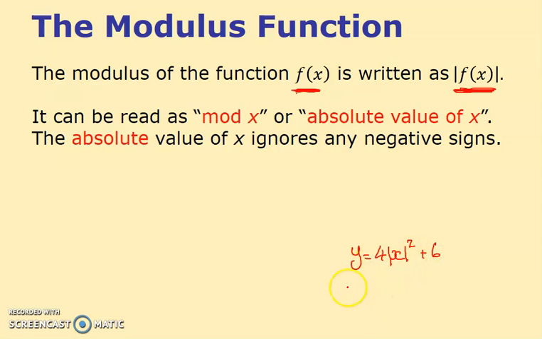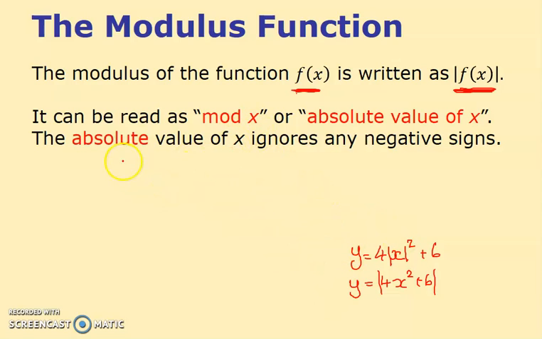That is an alternative. So what I'm initially doing is looking at an example where y equals 4x squared plus 6, and I find the modulus of it. So here I'm doing the modulus of all of it, whereas here I'm only looking at the modulus of the x, the little inner bit. So just be aware that there are two versions of this.